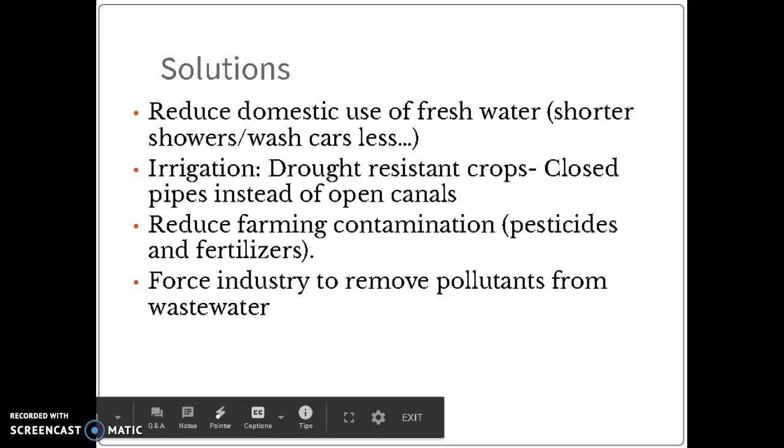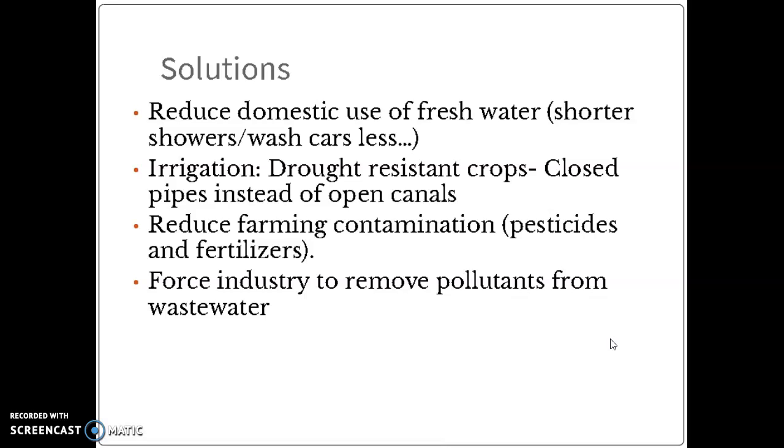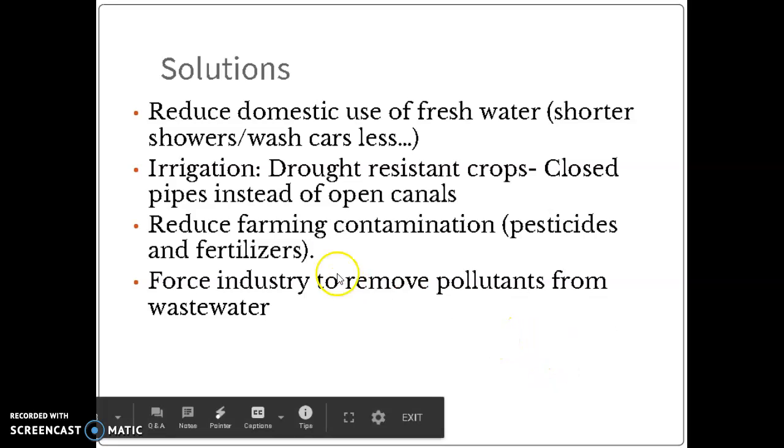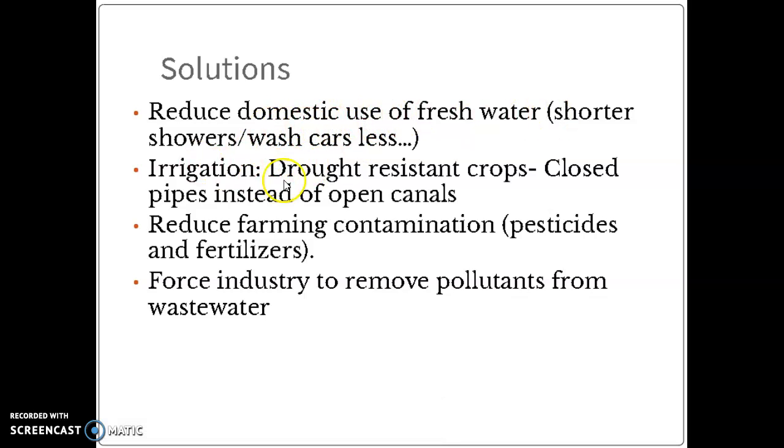So some solutions that we can have to help reduce that, just you making some changes on your own. Obviously, we affect a small percentage of the water use across the world, but if you start working for changes, then it can move into these other areas.